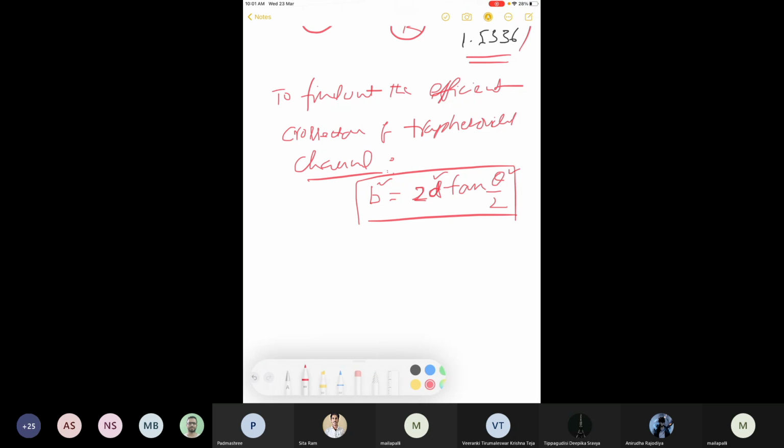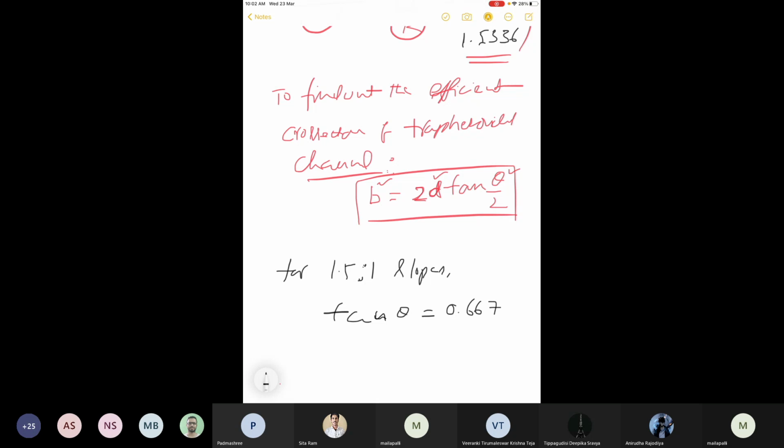So for a 1.5:1 side slope, tan theta will be 0.667, because if you see this channel slope, let's say this is theta, and this is 1.5 and this is 1.